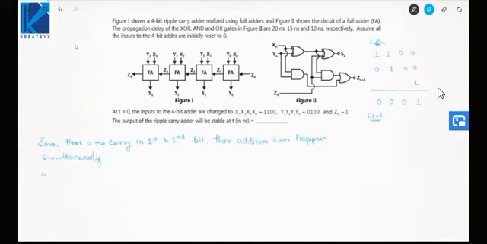But the fourth bit has to wait for the carry from the third bit, right? Because there is a carry moving forward from the third bit, the fourth bit has to wait for that carry and then only it can perform addition.